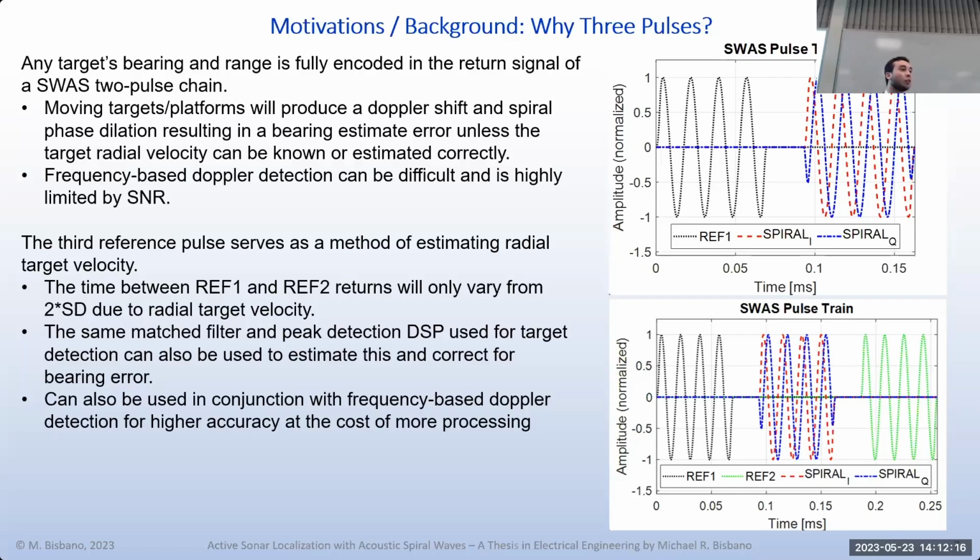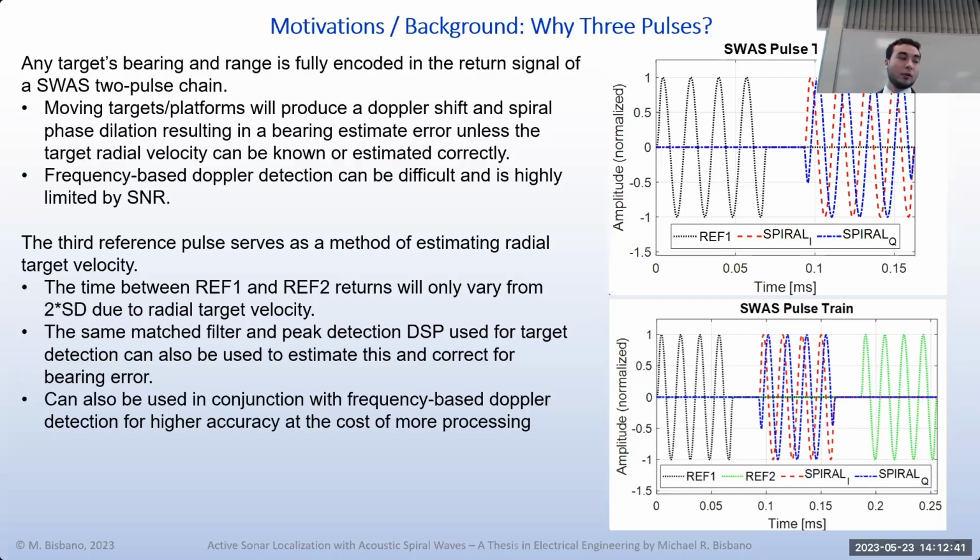Then correct for the Doppler estimation of where the spiral pulse slid, and correct for that bearing error due to it. You could use the same match filter to detect the range from the first pulse return and Doppler shift, finding the second peak in your return there.